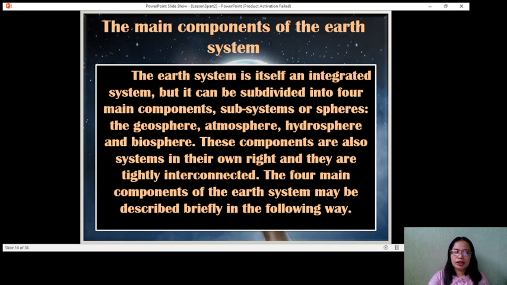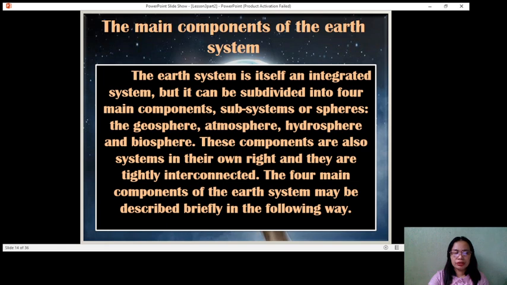Like I said earlier, these are the geosphere, atmosphere, hydrosphere, and biosphere. These components are also systems in their own right, and they are tightly interconnected. Interconnected means they work together.